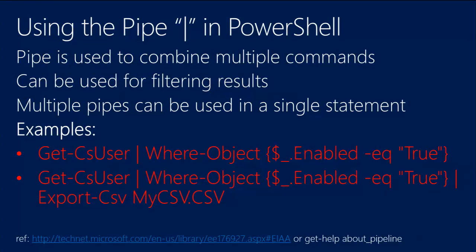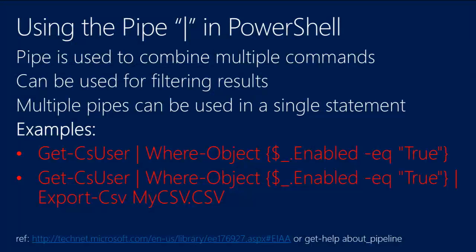And you'll notice on some of the slides, for the folks who aren't as familiar with these topics, I try to, wherever possible, put in a reference URL at the bottom of the slide. And also, if there's a PowerShell command that can help, so if you look at the bottom, Get-Help about_pipeline, if you run that from PowerShell, it'll bring up a pipeline help.